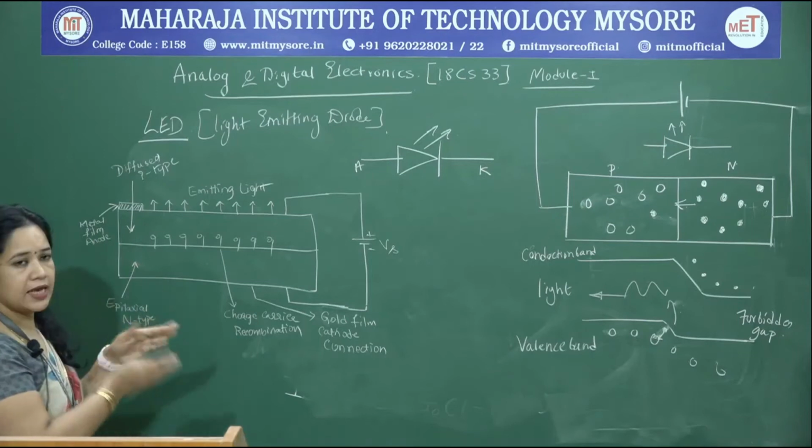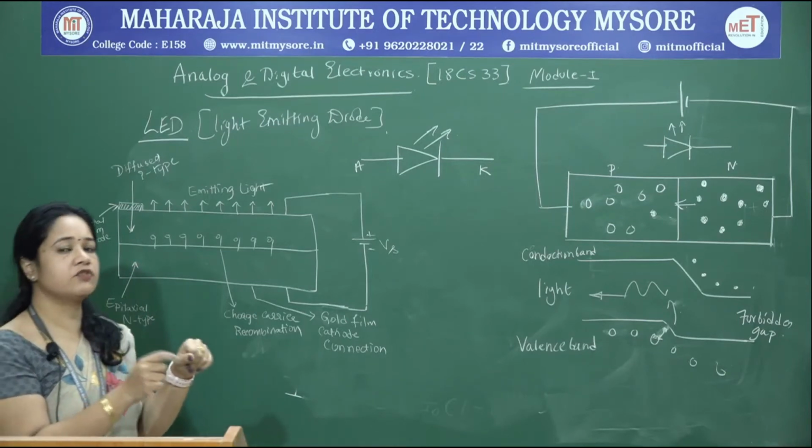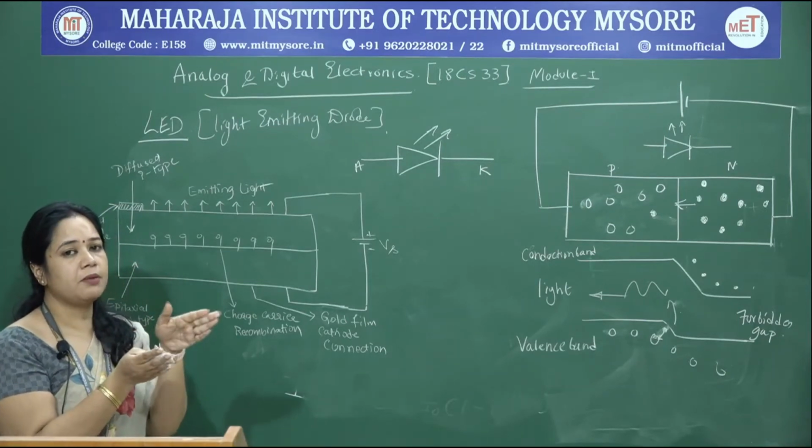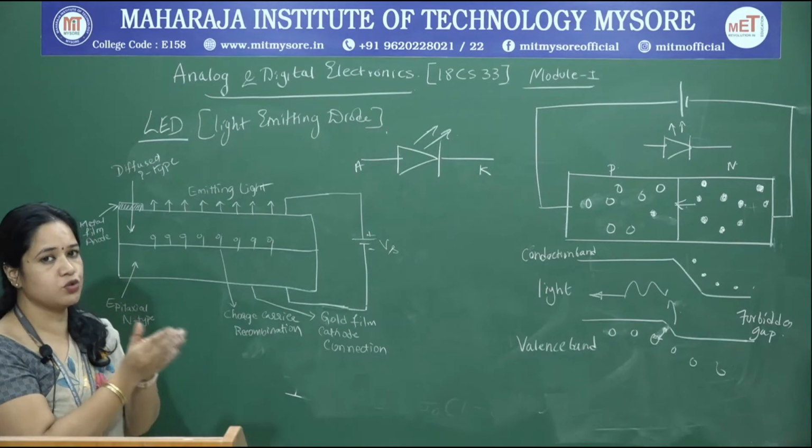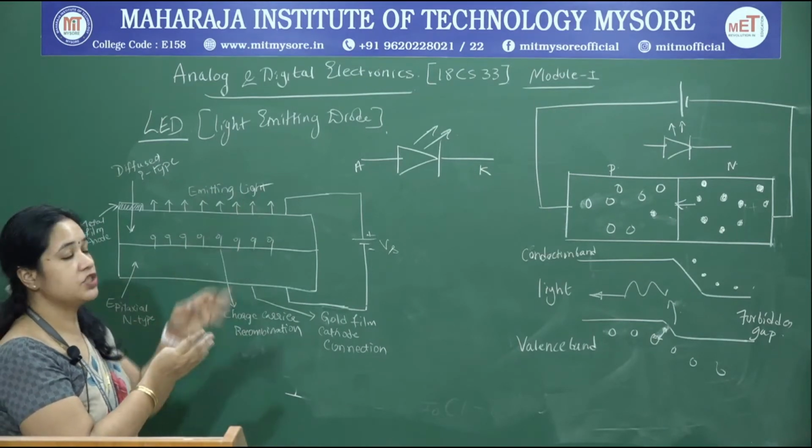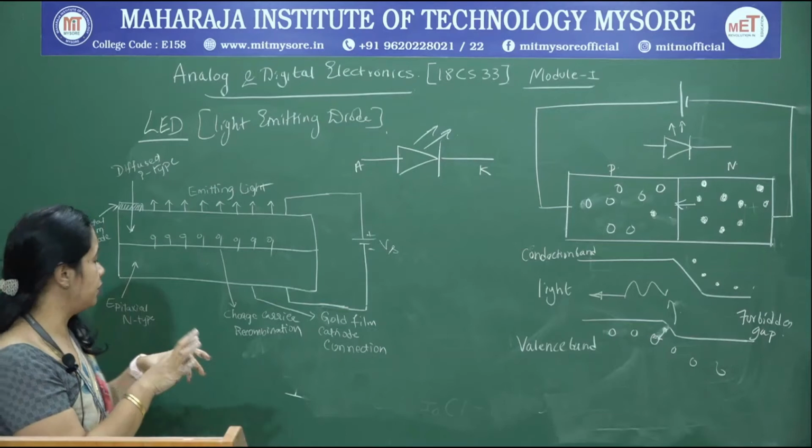As you are aware, a diode is formed by bringing a p type and an n type layer of suitable material which has light emitting properties.